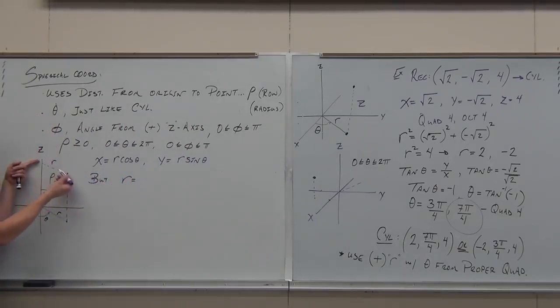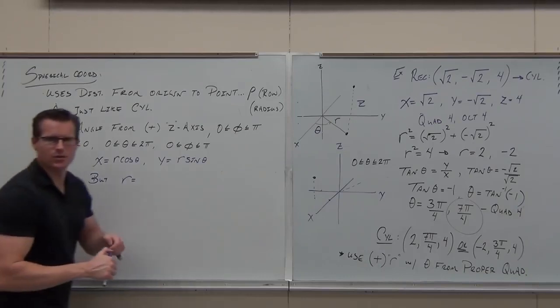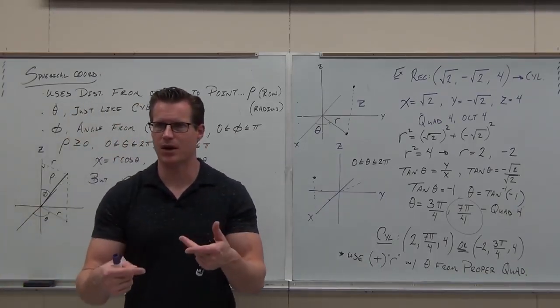If I'm talking about r, my distance from here to here is rho. My angle from here to here is phi. So if I'm talking about r, that's opposite. Just think of the triangle here. That's opposite over hypotenuse. What gives us the relationship of opposite and hypotenuse?